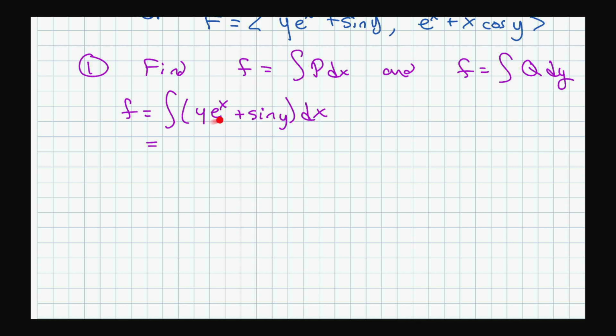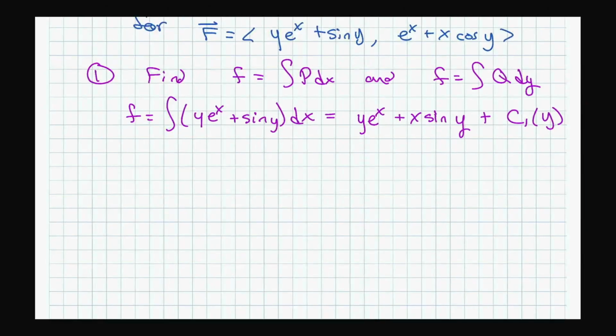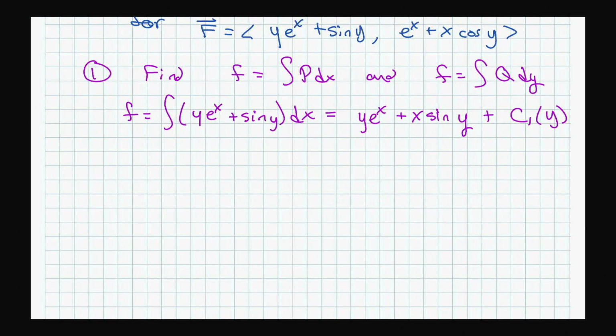The antiderivative of y e to the x is y e to the x. The antiderivative of sine y dx, we're treating the sine y as a constant, so it's going to be x sine y. And then plus a constant, and that constant could have any number of y's in it because it's not really a constant. I'm going to move this over here, actually. Okay. Now do the same thing for the other one.